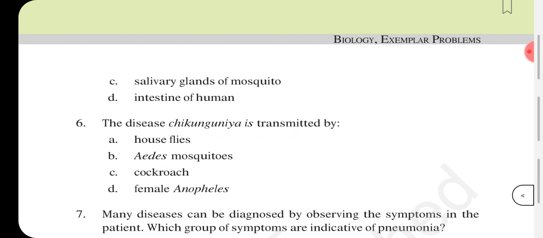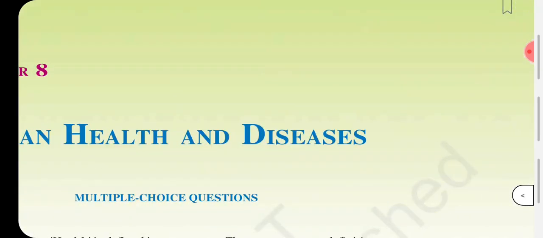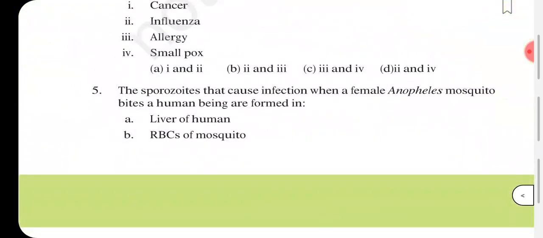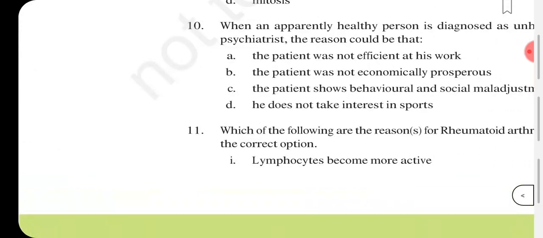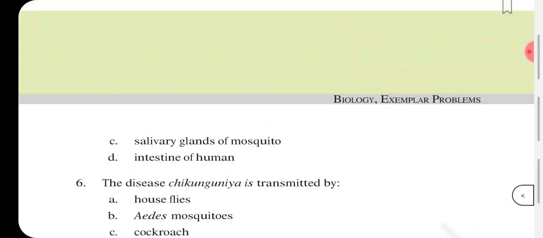So where are they formed? They are formed in the salivary glands of the mosquito.